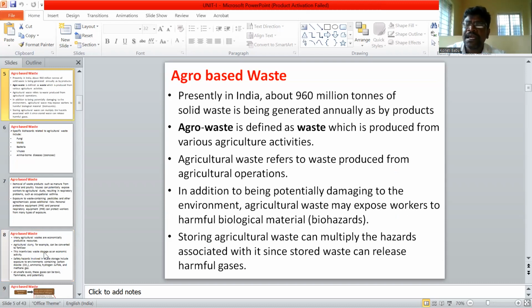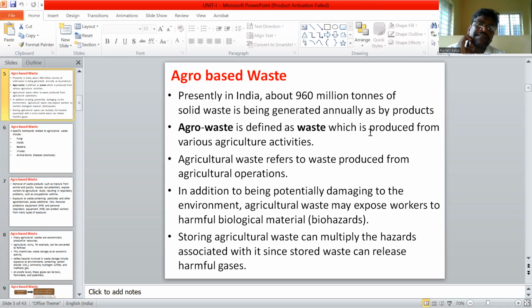Now we are going to discuss agro-based waste, agriculture waste. Presently in India, about 960 million tons of solid waste is being generated annually from different products.